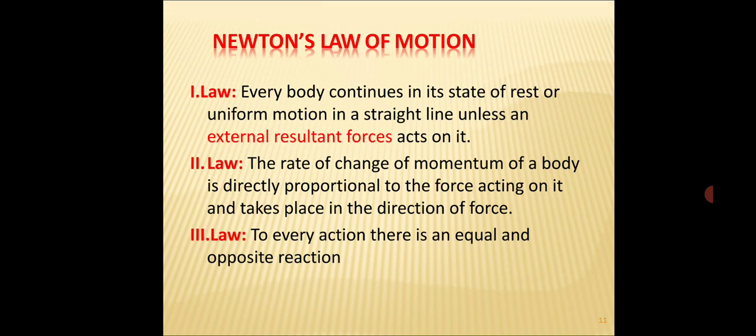If a train is going on its own track without any disturbance, without any external force, it will never deviate from its direction. If an external resultant force acts on it, it will get deviated. That is Newton's first law of motion.